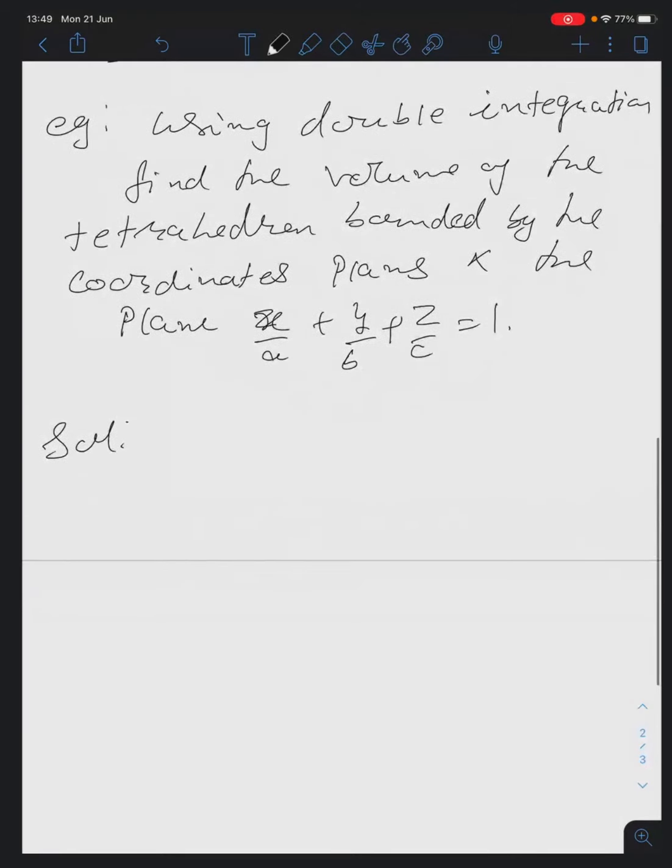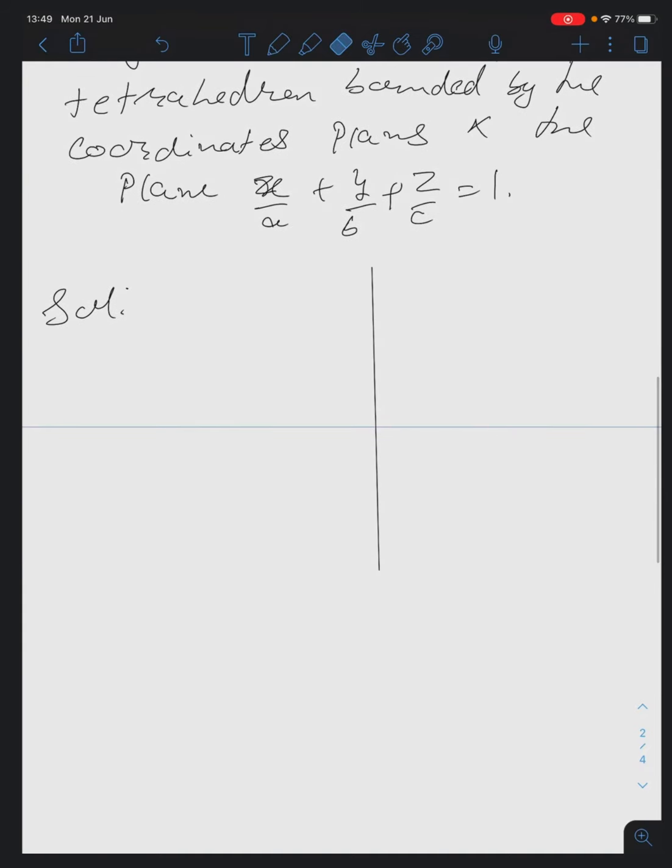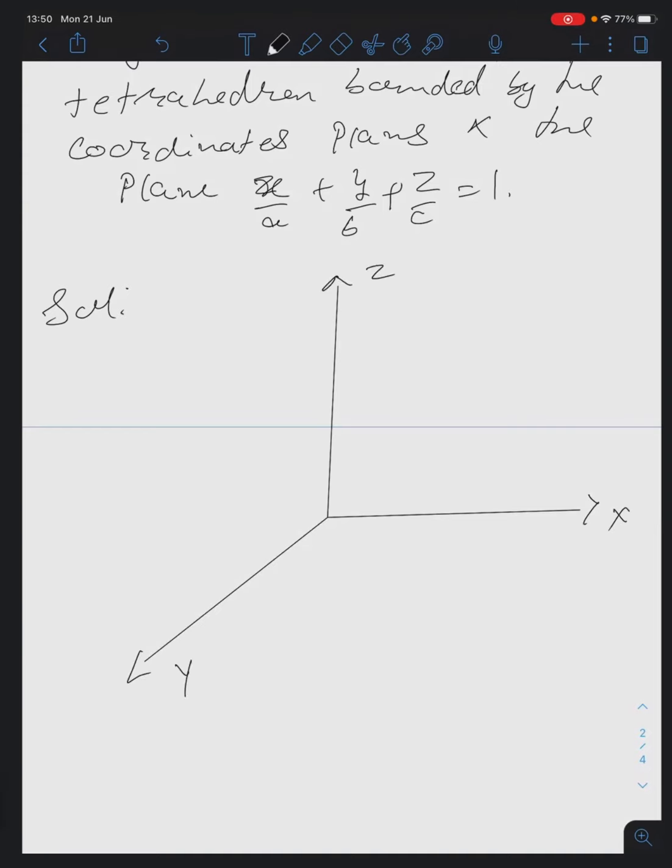First let me draw this thing, something small I will draw. I assume this as x, this as z, and this as y. So the tetrahedron is like this.